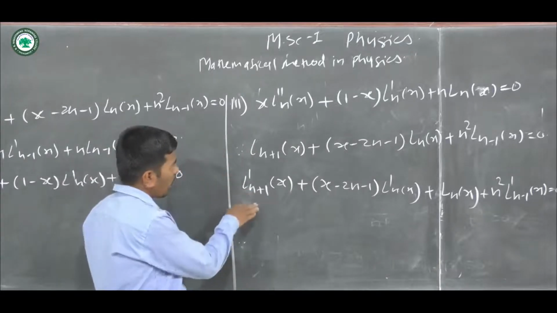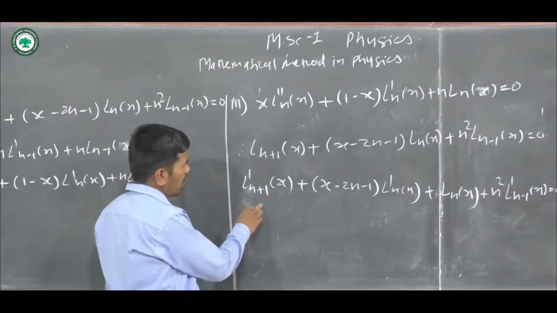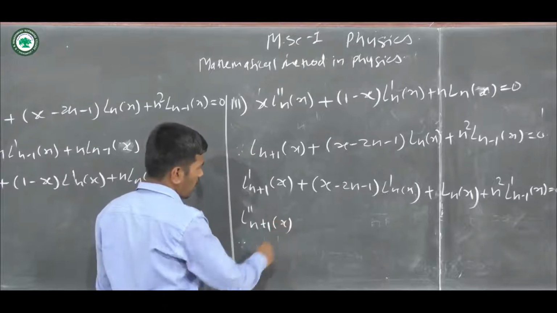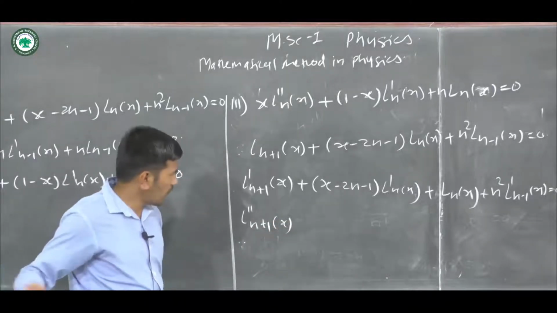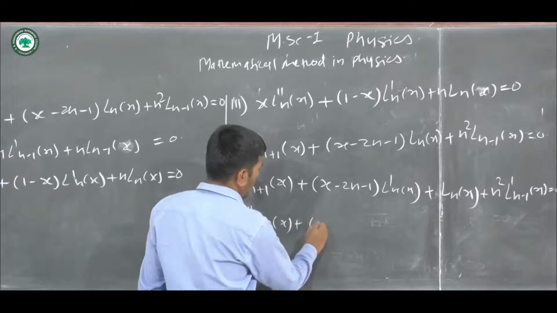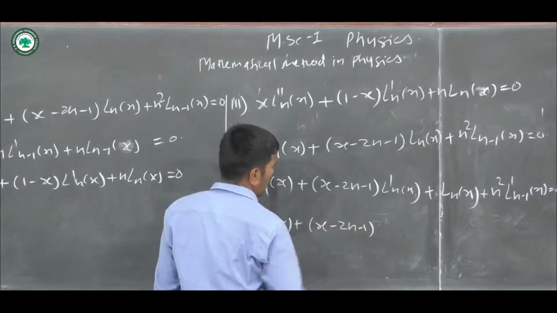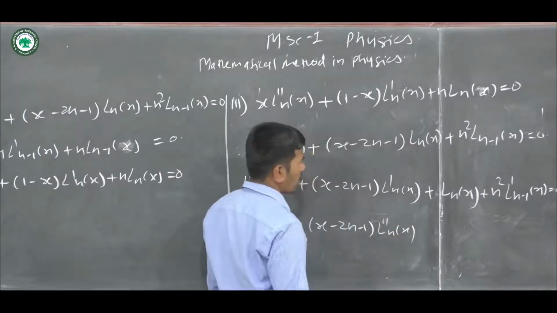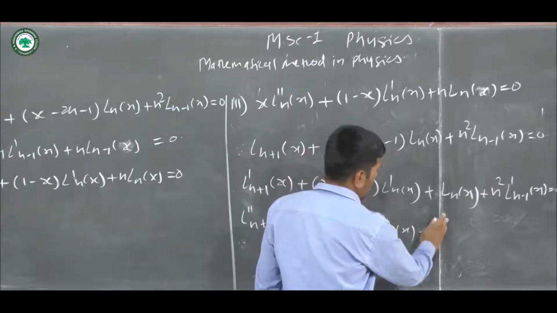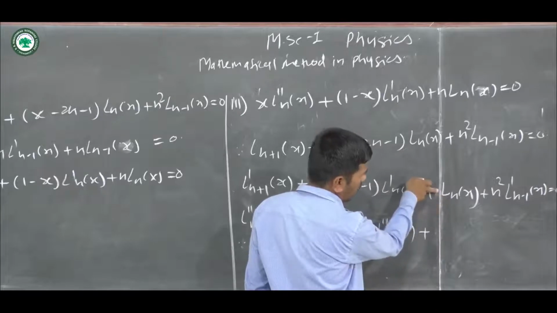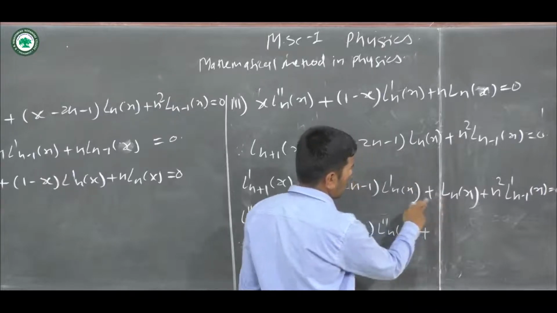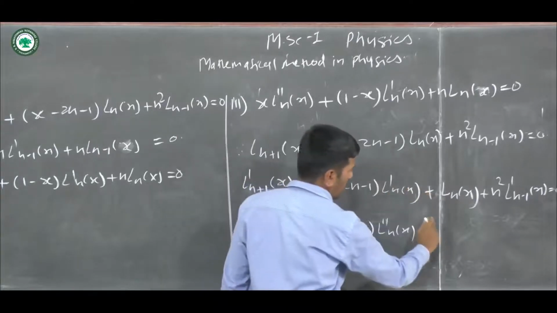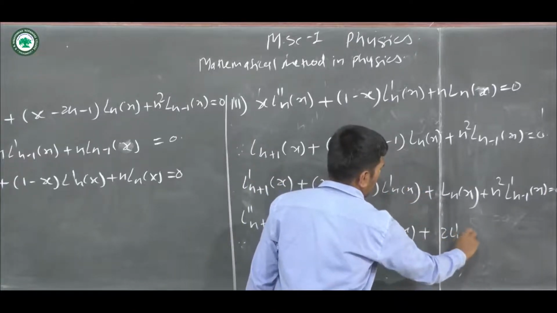Now again, if I differentiate these with respect to x, it is L_{n+1}''(x) plus (x minus 2n minus 1) L_n''(x), and plus here L_n', if I differentiate, it is L_n' and this is 1, so 1 into L_n' and this is L_n', so it is 2 L_n'(x).